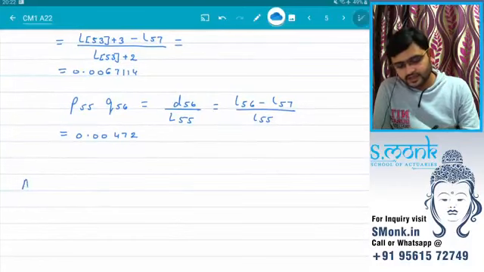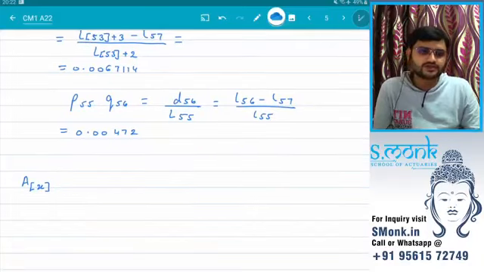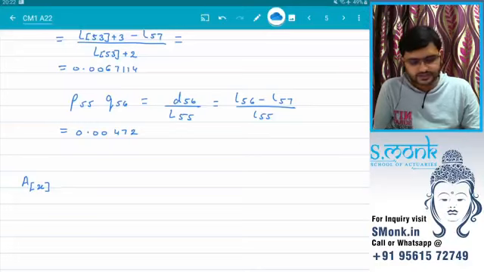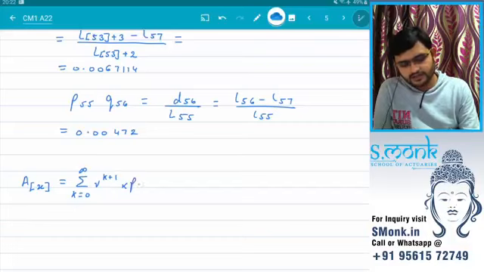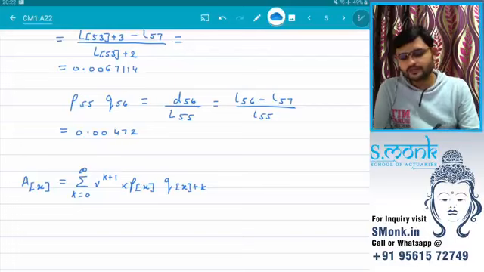When I say A select X, that just means assurance for a life age X that was selected at age X. So whole life assurance will just be summation K going from 0 to infinity of V raised to K plus 1, K P select X, Q select X plus K. Let's say we are talking about AM92.